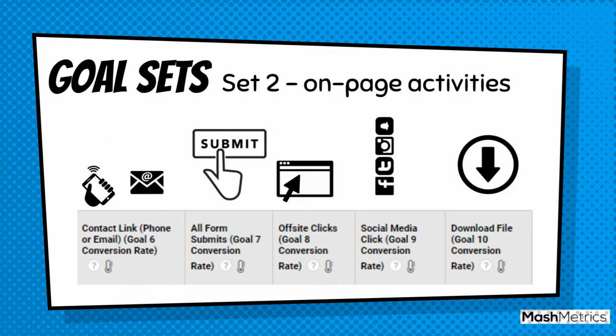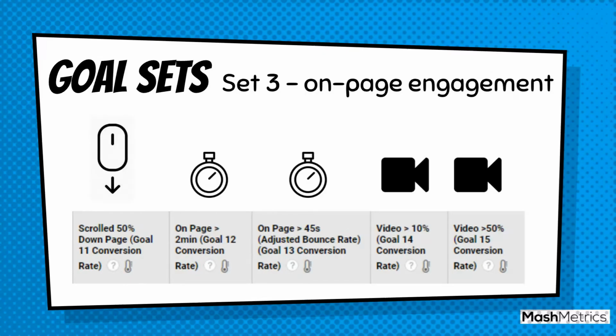Goal set 2 concentrates on your on-page activities, such as offsite clicks, file downloads, form submits, or contact clicks. Goal set number 3 concentrates on on-page engagement, measuring activity such as deep scrolling, time on page, and even video progression.